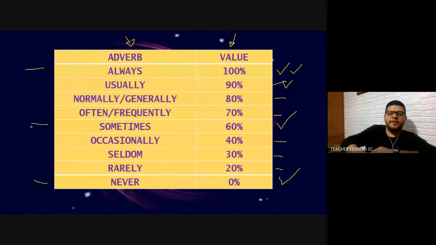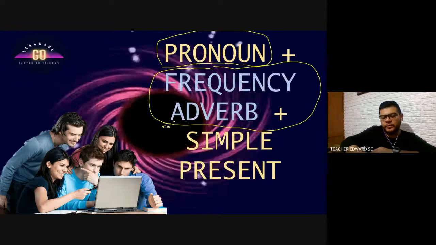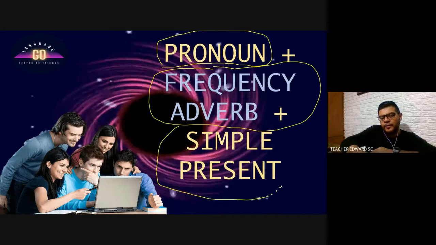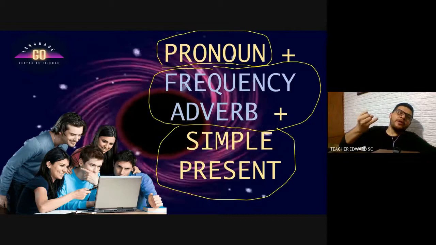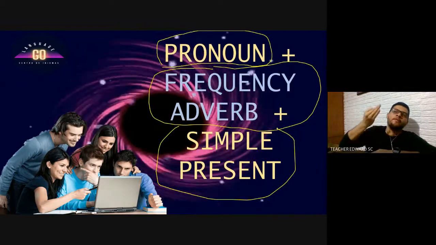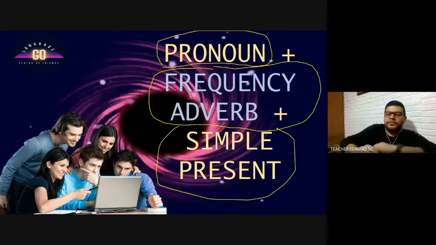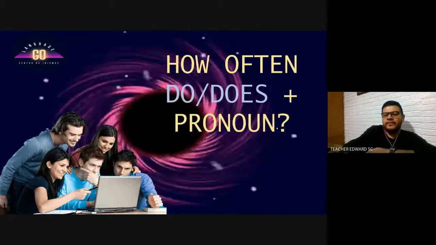The frequency adverbs are: always, usually, normally, often, sometimes, etc. These are the frequency adverbs that we're going to use. And after that, you use the simple present. For example, take a shower, go to sleep, wake up, whatever comes to your mind.